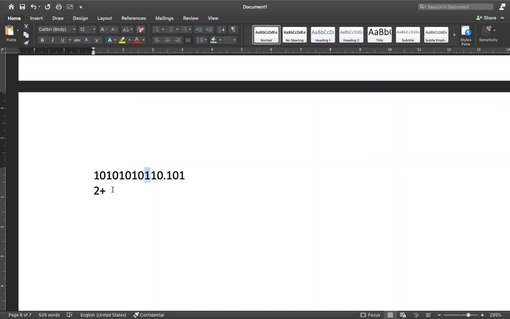Then fours, yes. 8, no 8s. 16, yes, you have 1. 32, no. 64, you have 1. 128, no. But 256, yes. 512, no. 1024, yes. 256 and 1024. So what's the total value?